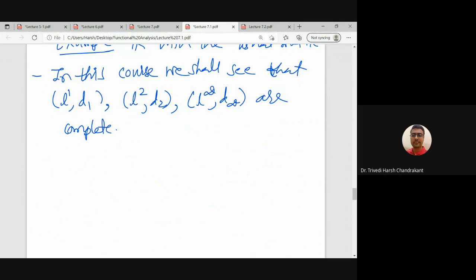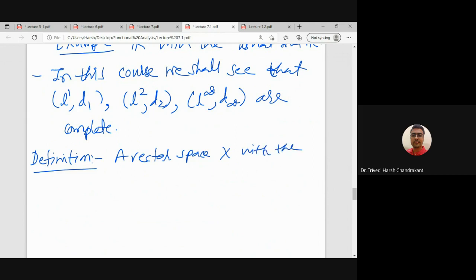So what is the definition of norm? So a vector space X. I'm not writing every time non-empty vector space, but obviously it is a non-empty set that is a vector space, and mostly we'll take non-zero vector space, with a function that is known as norm.